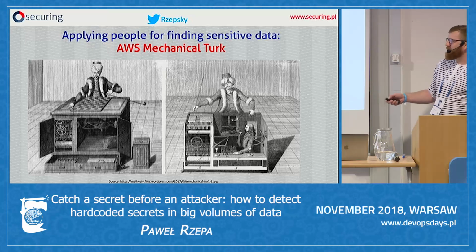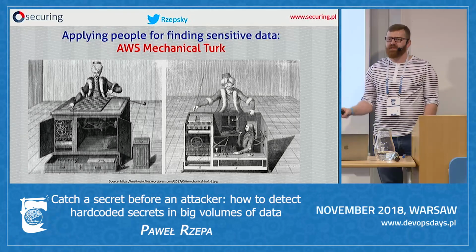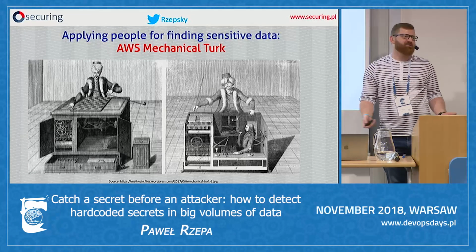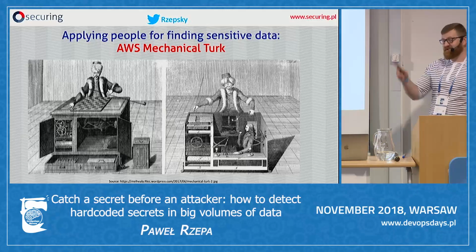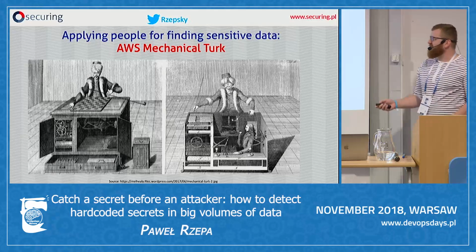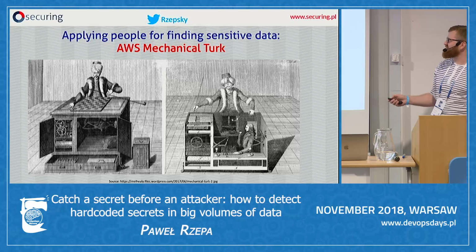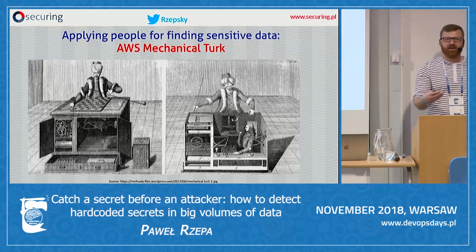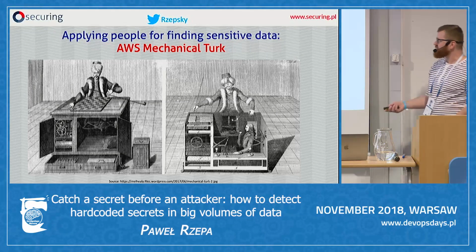People would go to this machine and play chess, and the machine played with you. People believed it was real artificial intelligence. But actually it wasn't so artificial, because inside of it there was a chess master playing against people.